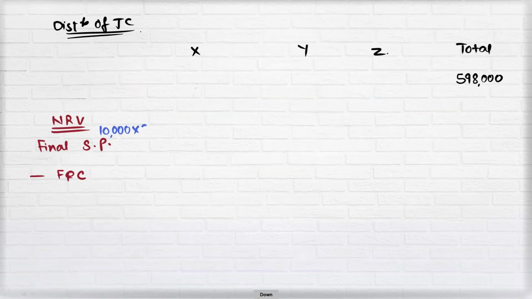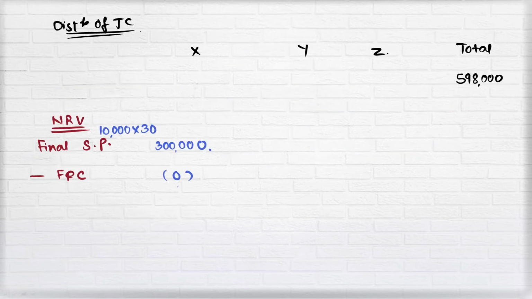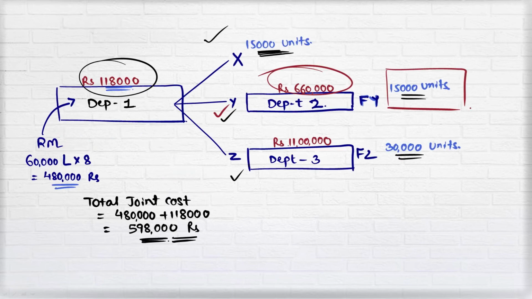30? What is this? 3 lakhs rupees. Minus further processing cost. In X it is 0. So this will be 3 lakhs. So it was not much important. Y also, I am finding it out. How many units of Y are sold?